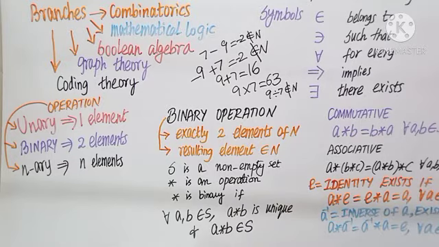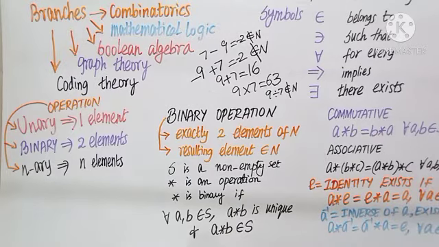Such a set we say is a closed set, and S is said to have closure property whenever A, B belong to S, A star B is in S. Now what is your conclusion? Whenever star is binary, it is said to be closed also. So closure property is true whenever star is binary.